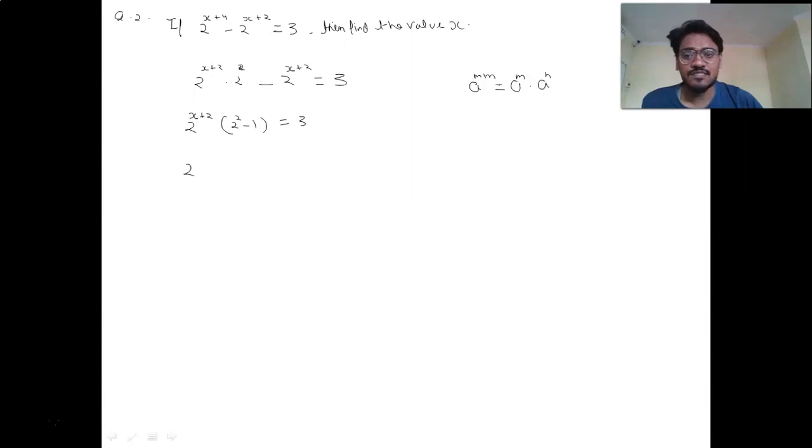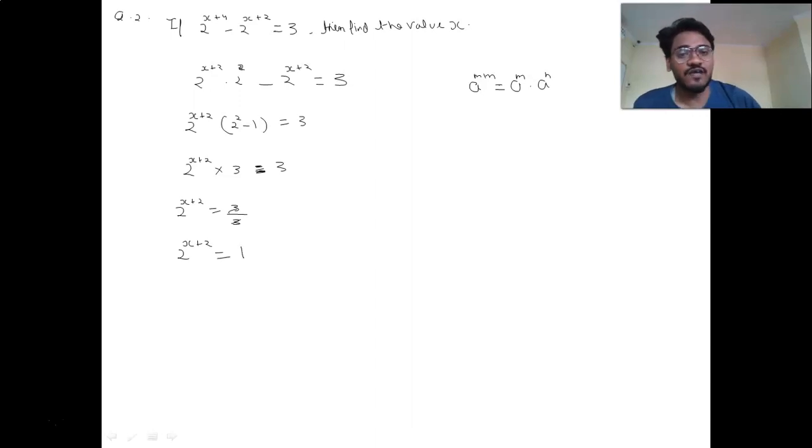Okay, now students, it's 2 raised to the power x plus 2, 2 square minus 1, it's 3, is equal to what? 3. Now student, this 3 when goes in the denominator it will cancel out. So it's 3 upon 3, or let me write it 1. So what I got? I got 2 raised to the power x plus 2 is equal to 1.